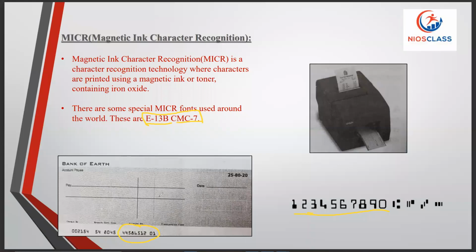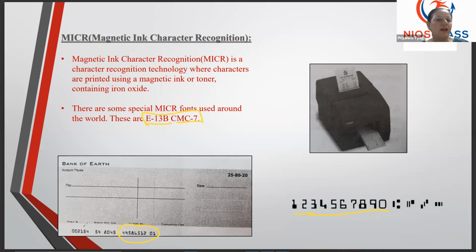Yes, ma'am. Now, magnetic ink character recognition is a character recognition technology where characters are printed using magnetic ink or toner containing iron oxide. That is also a major point. The ink used for printing these characters on bank checks is not a normal one.